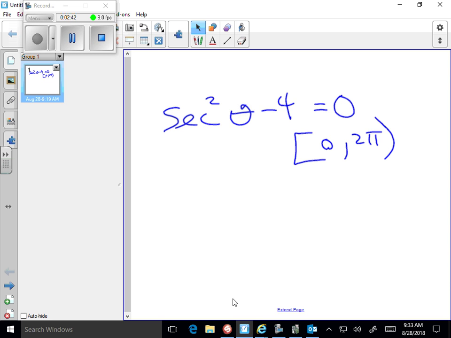When I take the square root of both sides in an equation, I must remember the plus and minus. Great job. Why don't you say cosine theta equals plus and minus 1/2 then?